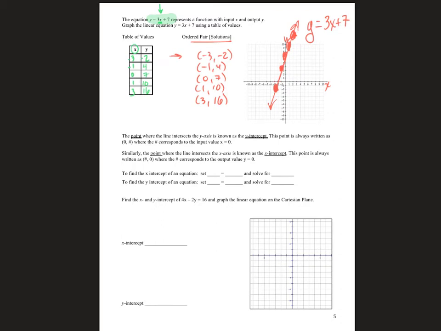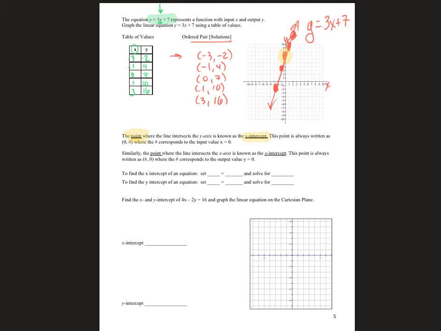Now, this line we see passes through the x-axis and passes through the y-axis. The point where the line passes through the y-axis is known as the y-intercept.